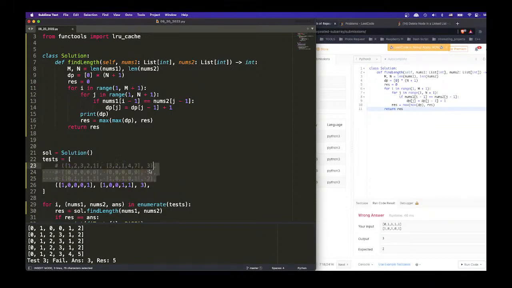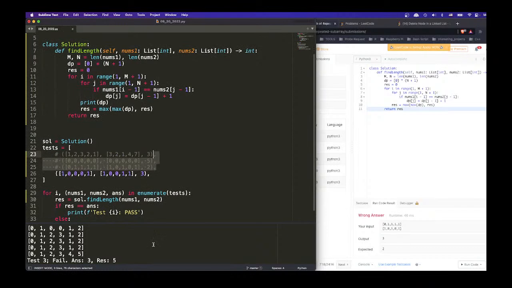What the hell? So J is 1. So anyway, we just go from this to this.